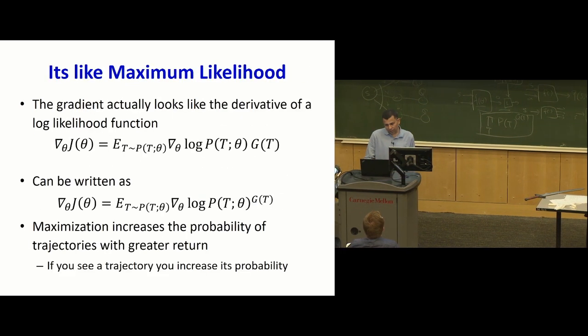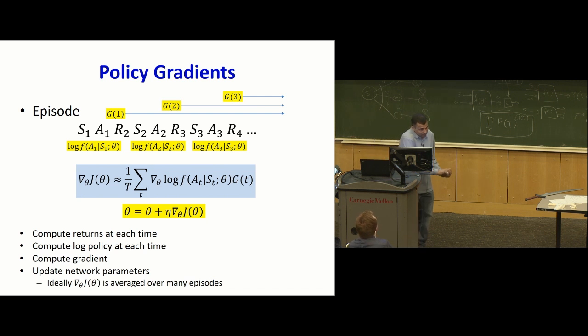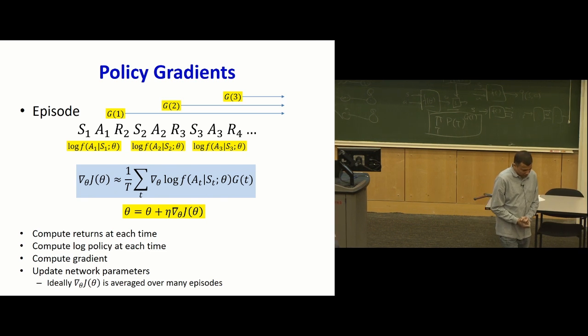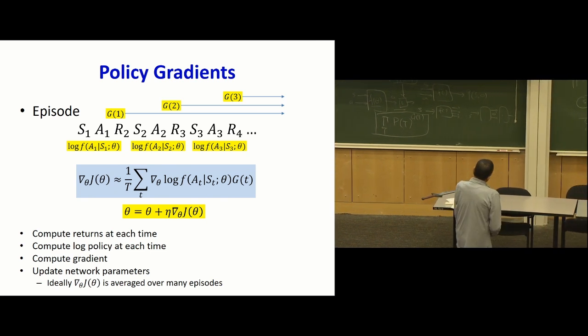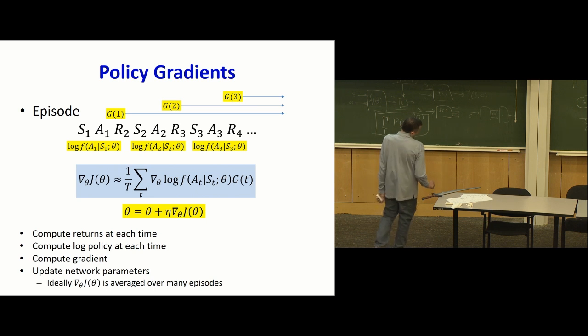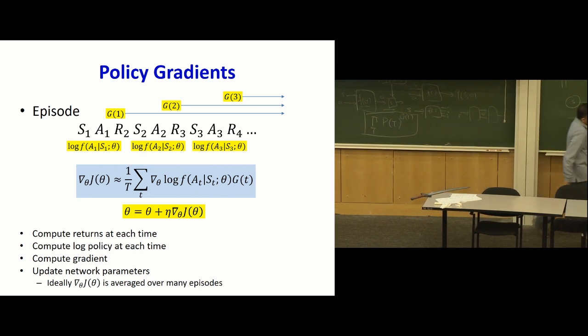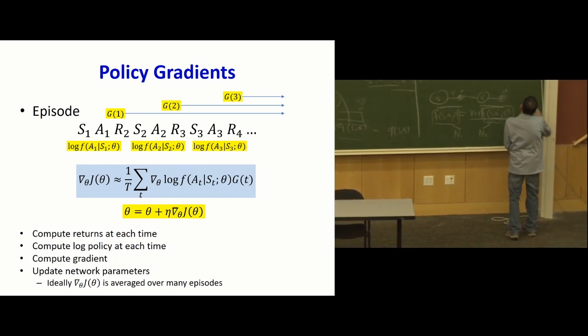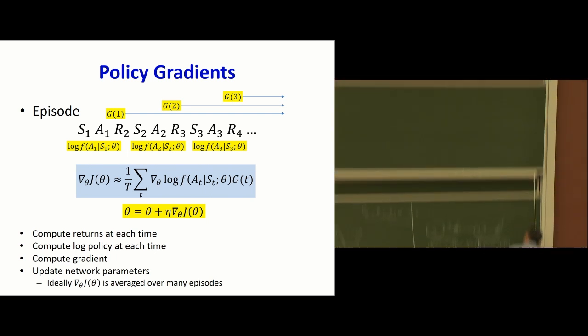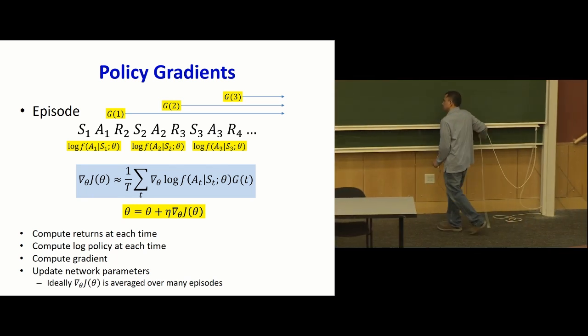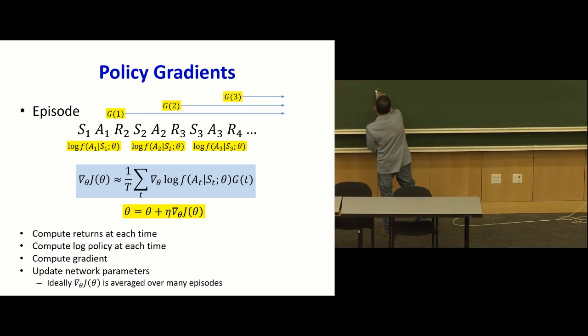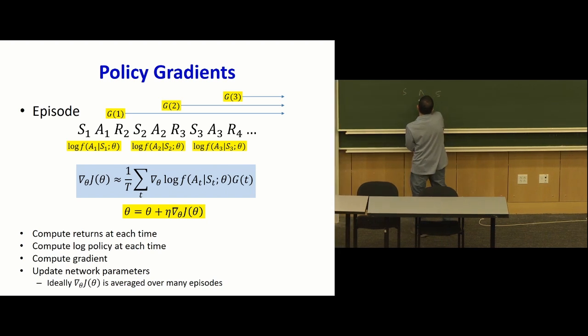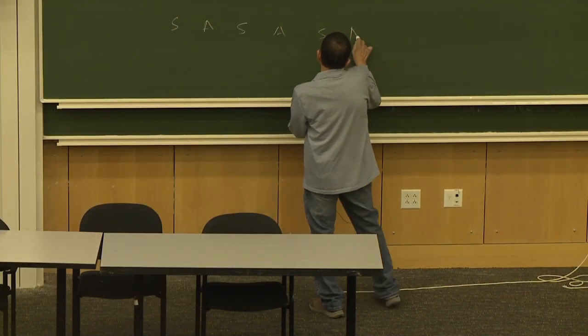In the policy gradient method, I went through the entire episode, S, A, S, A, S, A, S, A. I got rewards.